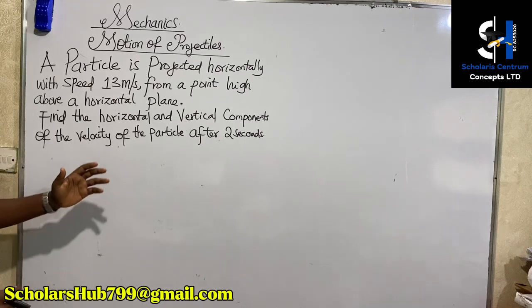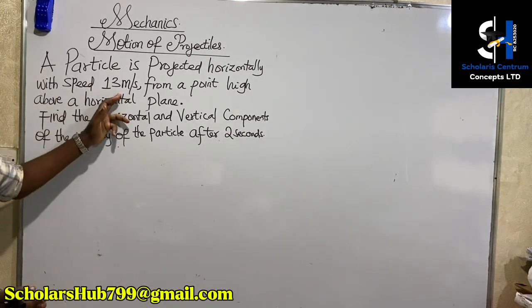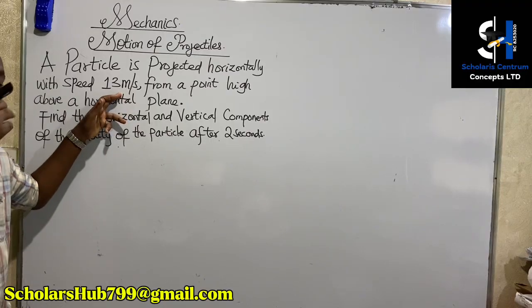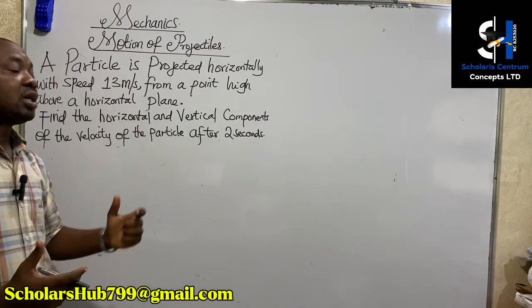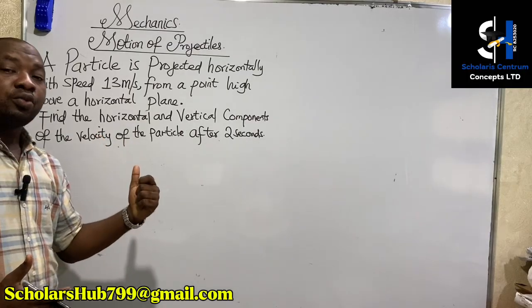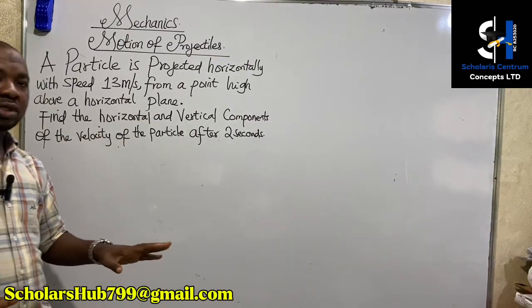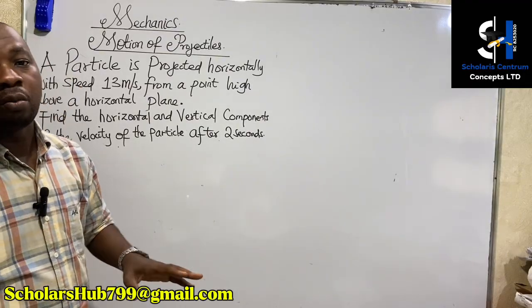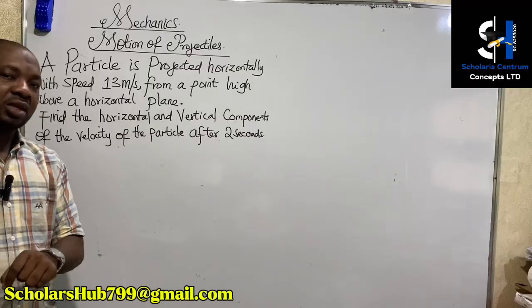But we have that the particle is projected horizontally with speed 13 meters per second from a point high above a horizontal plane. What that means is that the horizontal component of velocity of the particle will remain constant throughout the projectile motion, because there will be no horizontal acceleration.